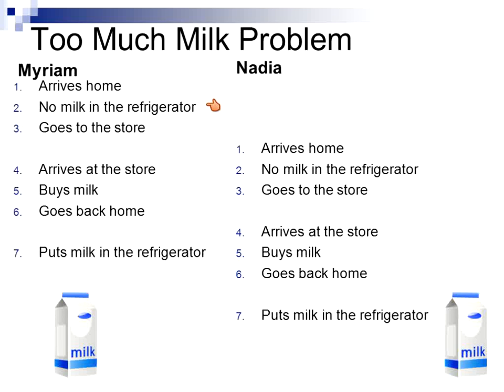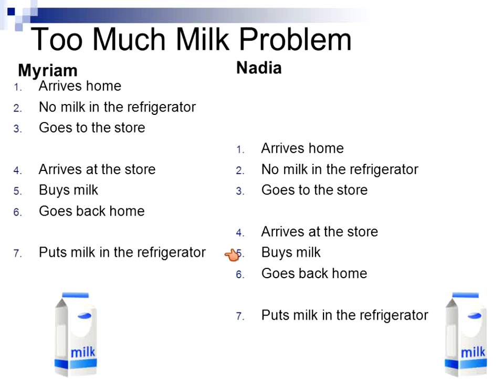Now, if Miriam arrived home and there was no milk in the refrigerator, then Nadia arrived home and saw there was no milk, they might talk about it and say, who's going to get the milk? And only one of them would have gone out for milk. Or if Nadia arrived home after Miriam got back from the store, Nadia wouldn't even have considered getting any milk.